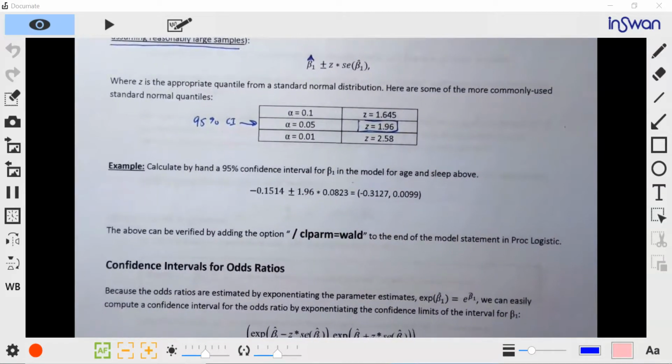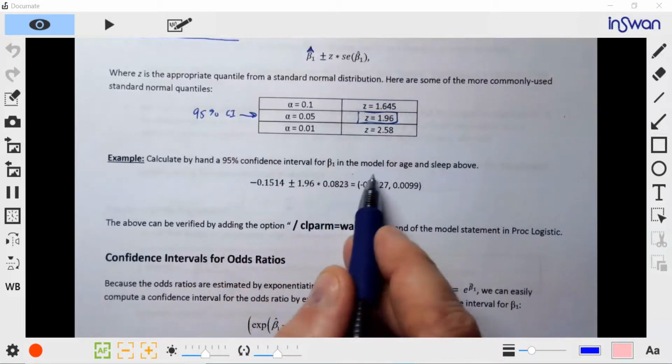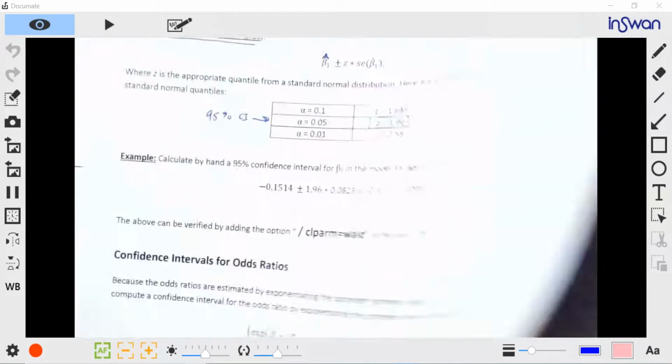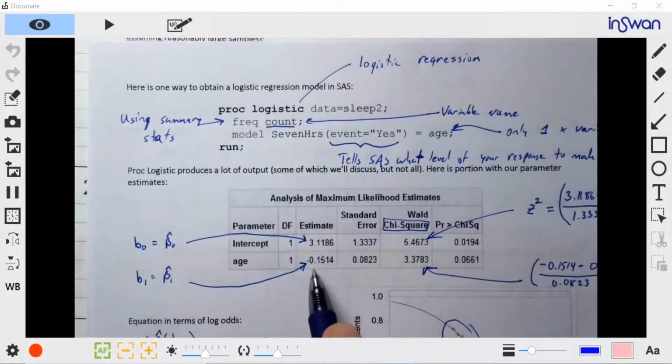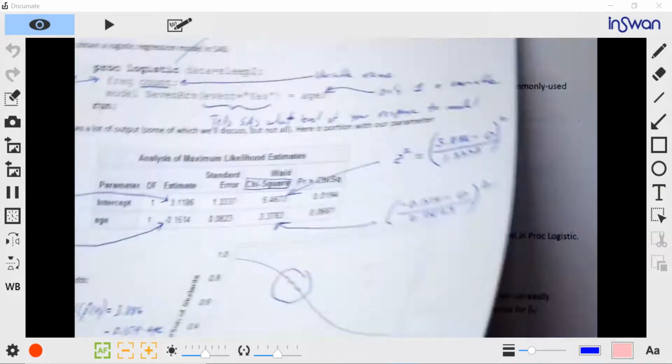So as an example, calculate by hand a 95% confidence interval for beta 1 in the model for age and sleep above. Recall that beta 1 hat is negative 0.1514, and the standard error is 0.0823.